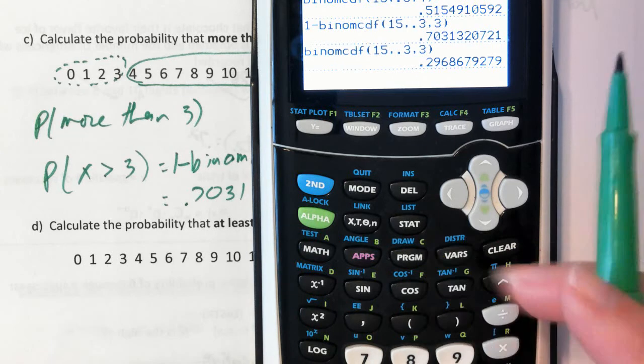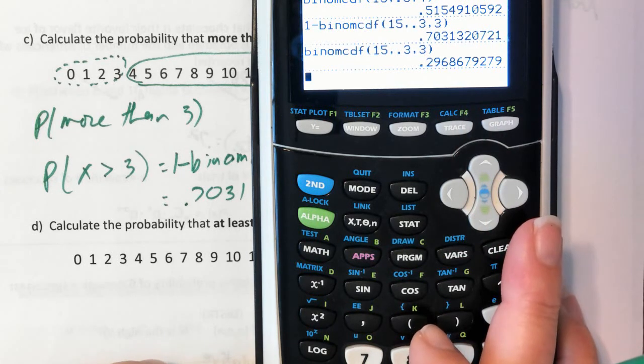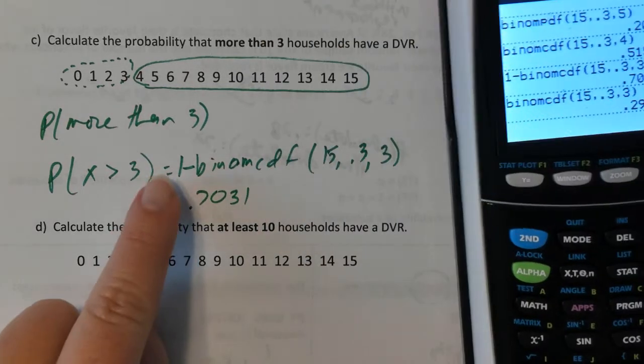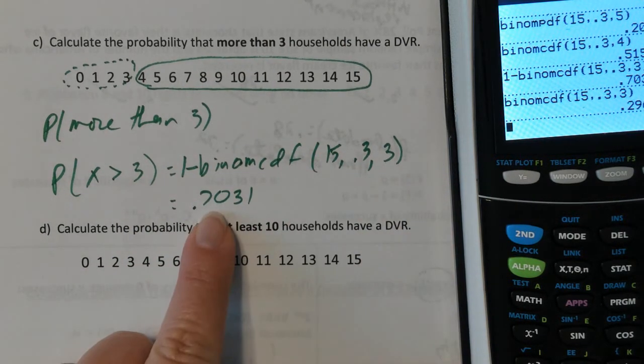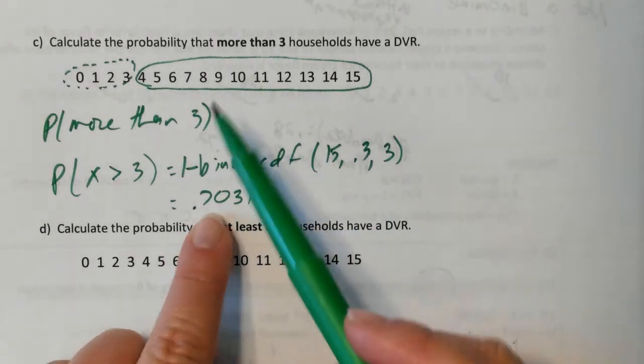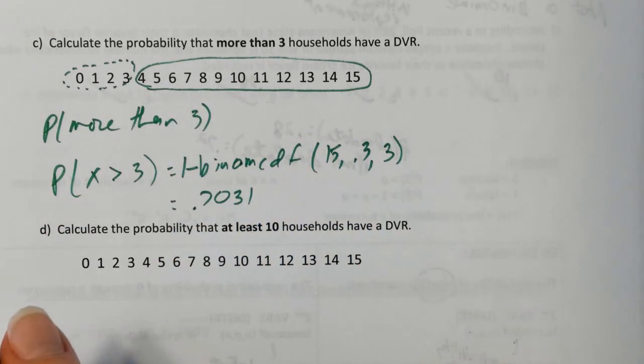That part was just almost 30%, about 0.2968. So sure enough, 1 minus this little 0.296 left the 0.7 for this region. So about 70% of the time, more than 3 houses are going to have a DVR.